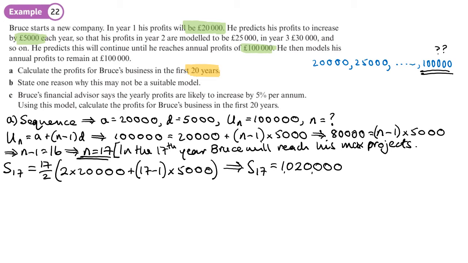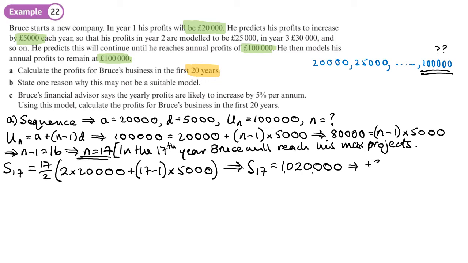But remember, in the next 3 years, his profits are going to remain, because it says here his profits will remain at 100,000. So to find his profits for all of the 20 years, we need to add what he's going to get in years 18, 19 and 20.